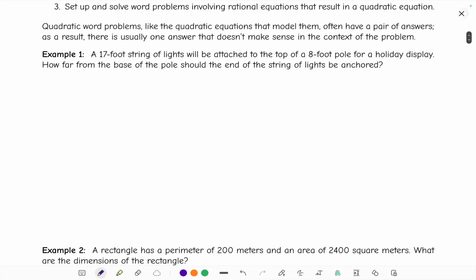Example 1. A 17-foot string of lights will be attached to the top of an 8-foot pole for a holiday display. How far from the base of the pole should the end of the string of lights be anchored?